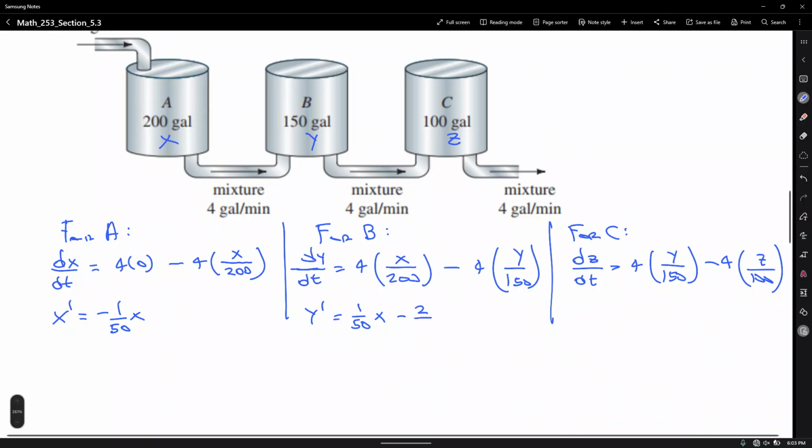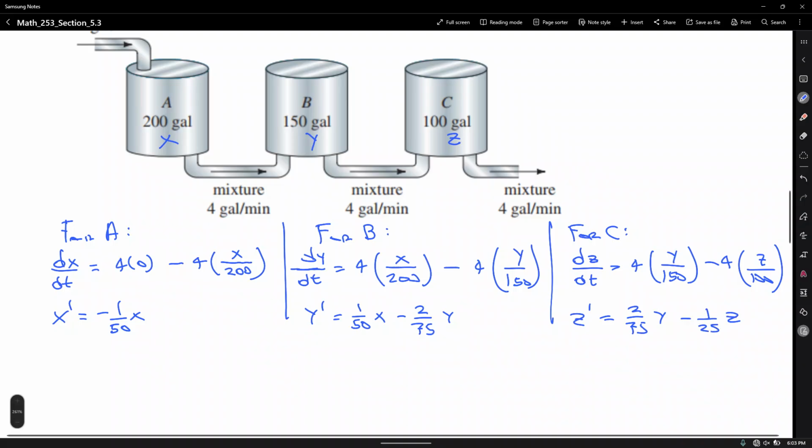Minus 2 times, 2 divided by 75, y. Last but not least, z prime equals 4 over 150, another 2 over 75, y, minus 4 over 100, which is 1 over 25, z. Those are the equations, guys.